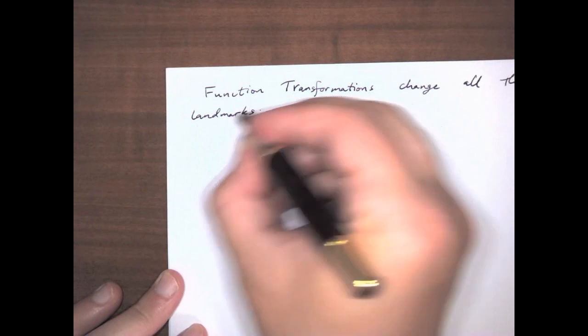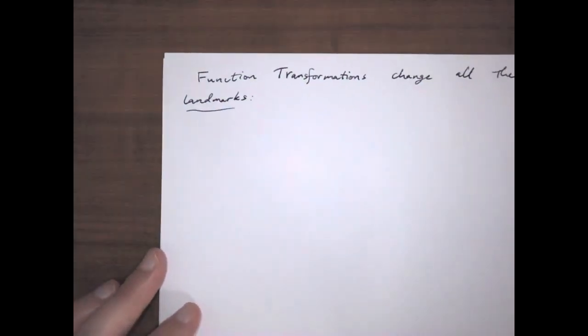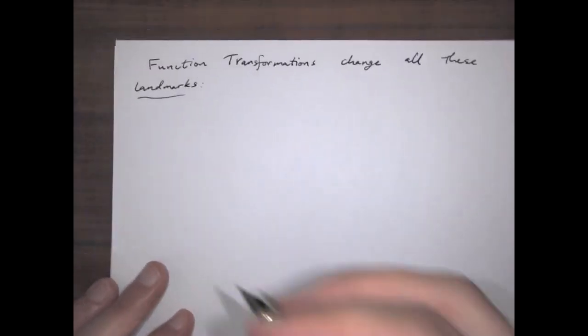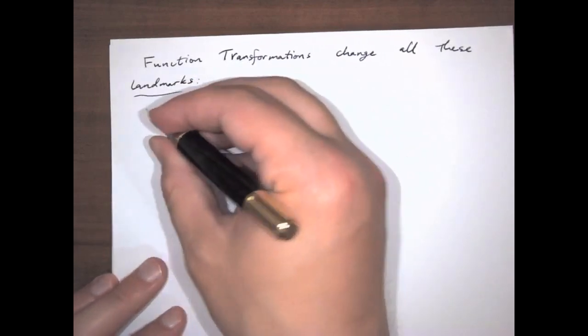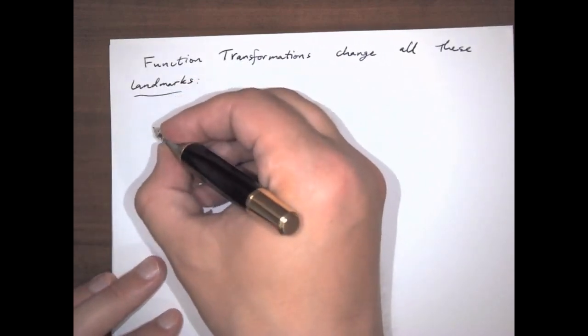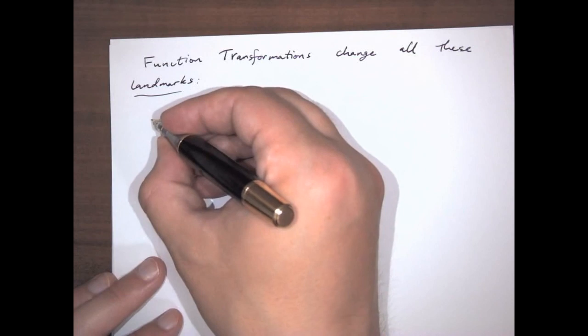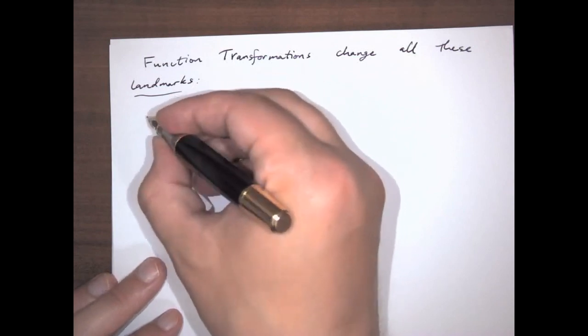And in particular, let's discuss what we would do if we wanted to find the domain and the vertical asymptote of a transformed function.